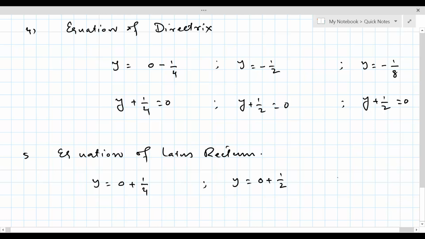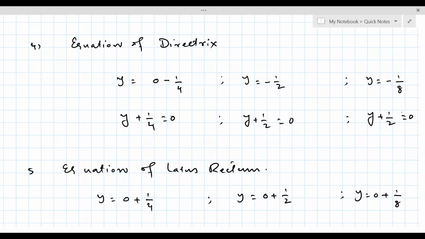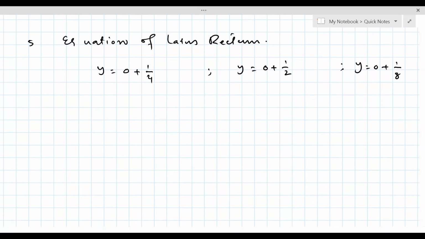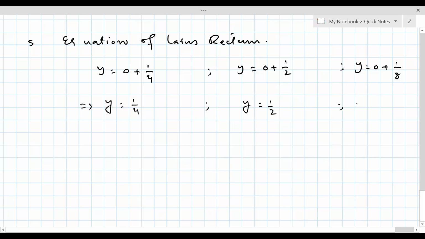And here in this case it's y is equal to 0 plus 1 by 8. So now this is the equation of latus rectum, which can be further simplified: y equal to 1 by 4, y equal to 1 by 2, and y equal to 1 by 8.